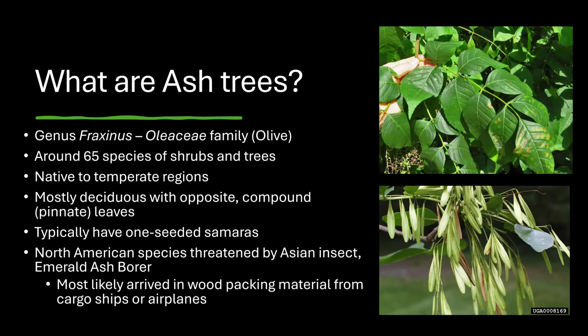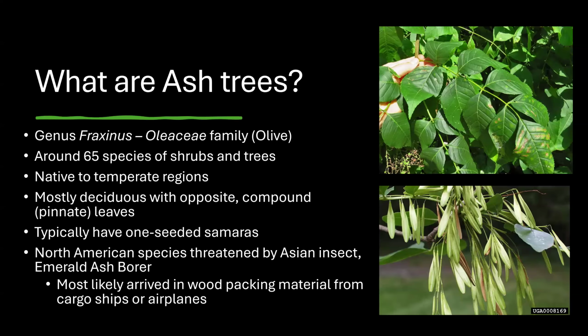When it comes to the seed fruiting structure, these are samaras, similar to what we think of with our maple trees, but these are actually one seeded, one winged, even flattened, and you can see a representative in the bottom picture of what these seed pods look like.